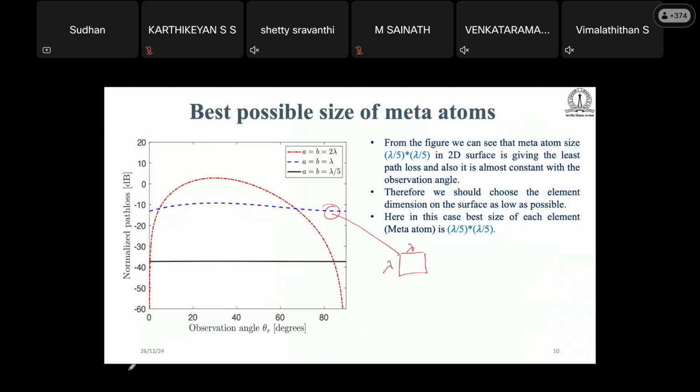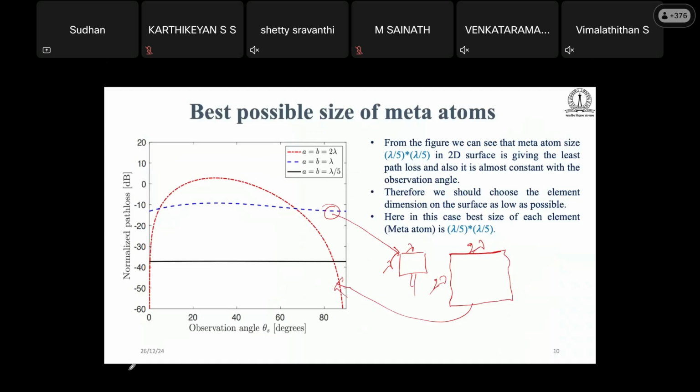So this is the size of the element, and now we want to see the path loss. What will be the path loss if the element size is lambda by lambda, and what could be the path loss if the element size is 2 lambda by 2 lambda, and this is denoted by 2 lambda.